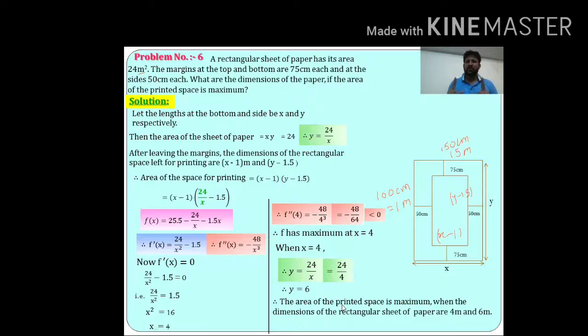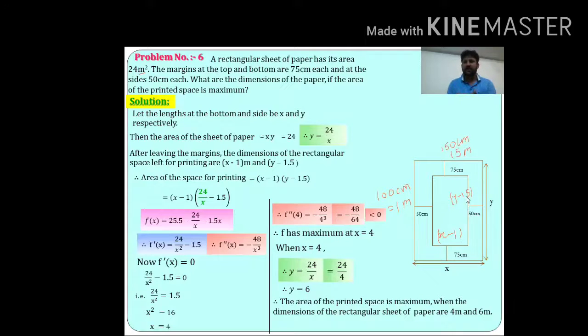So in this problem, we have calculated the dimensions of the paper, not the printed space. If you are asked for the dimensions of the printed space, at that time you will substitute the values of x and y in this length and breadth. So you will get the answer 4 minus 1, that is 3 meters length for the printed space, and the breadth is 6 minus 1.5, that is 4.5.